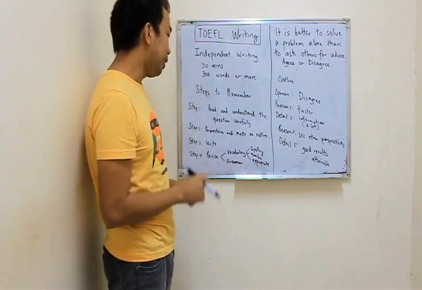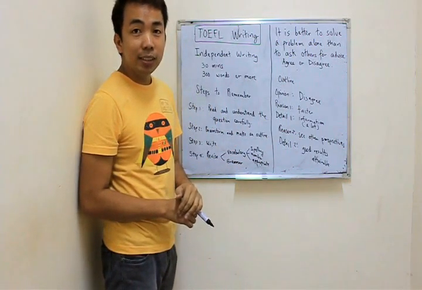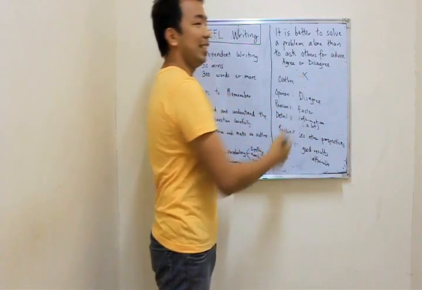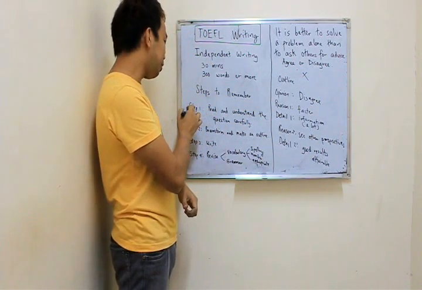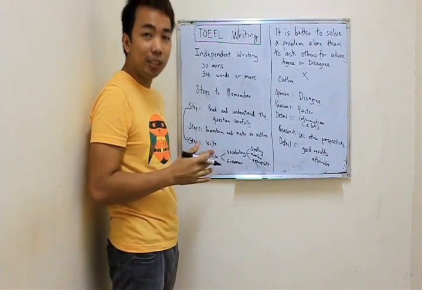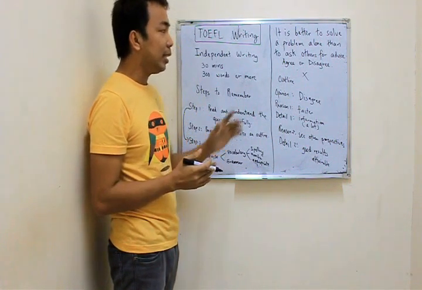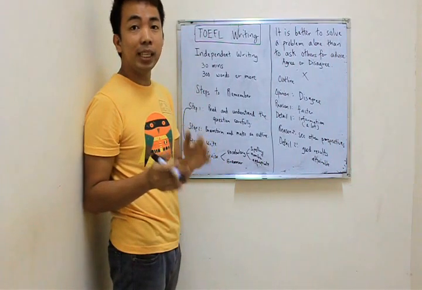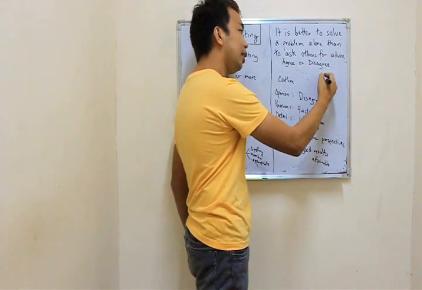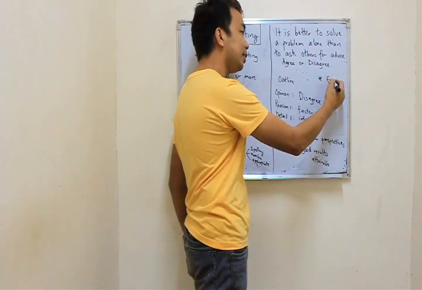Okay. Some students do not make an outline. After they read the question, they go directly to writing. Yes, this one is also good. But I suggest that you make an outline. Why? Because if you have an outline, it will make your writing fast.